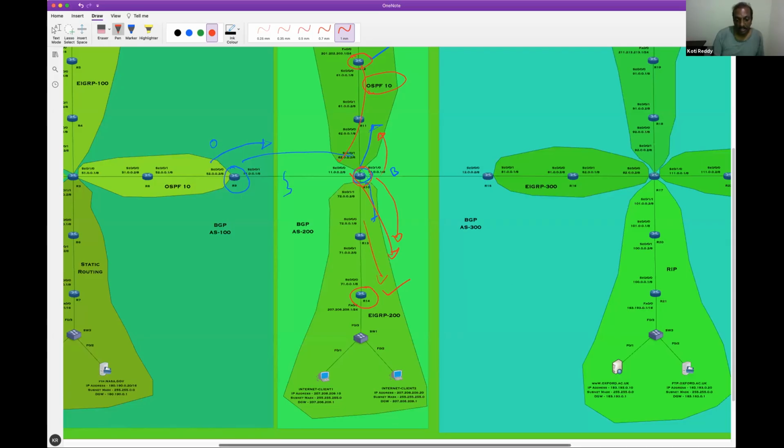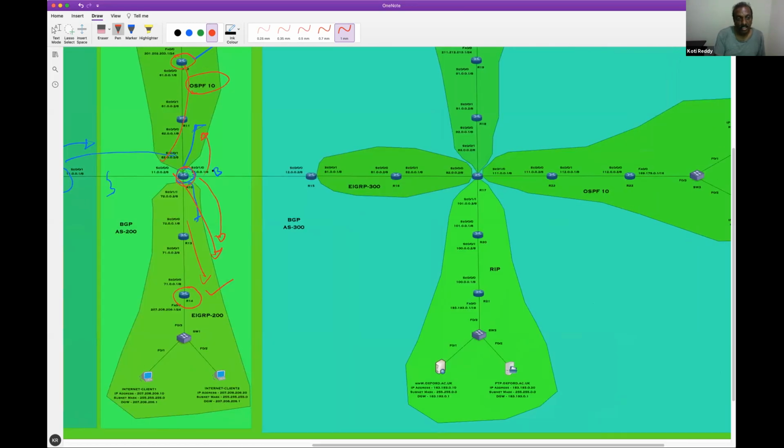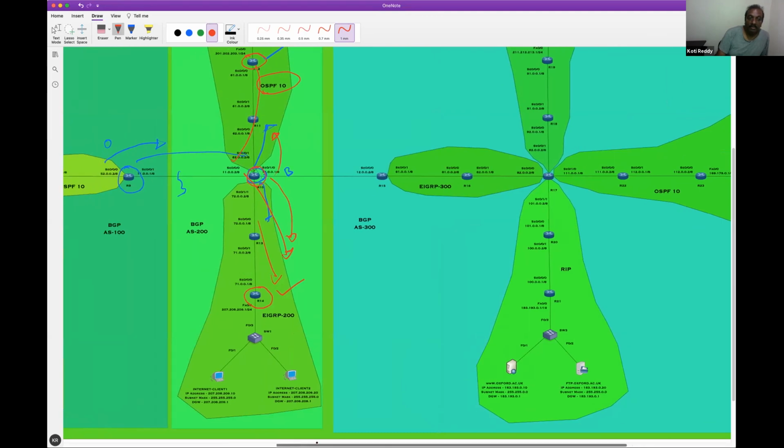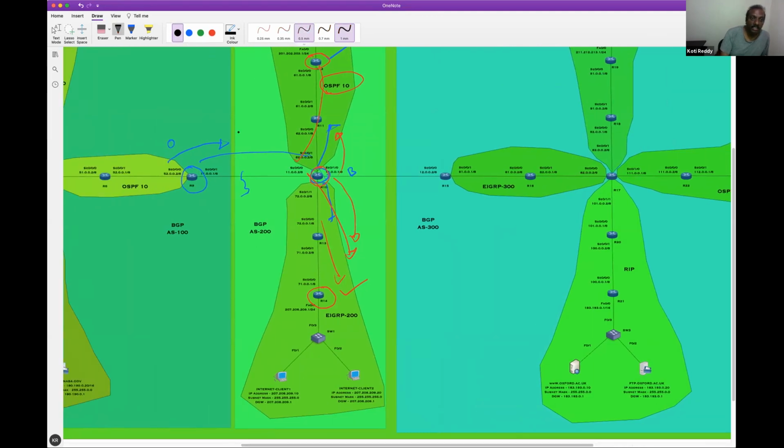Now my question is, these routes should have come till here also, right? Because we already enabled BGP between these routers here. So these routes, had they come here, they would have come till here also, right? BGP will send the BGP routes to this BGP router R15. So they should have come to R15 also.